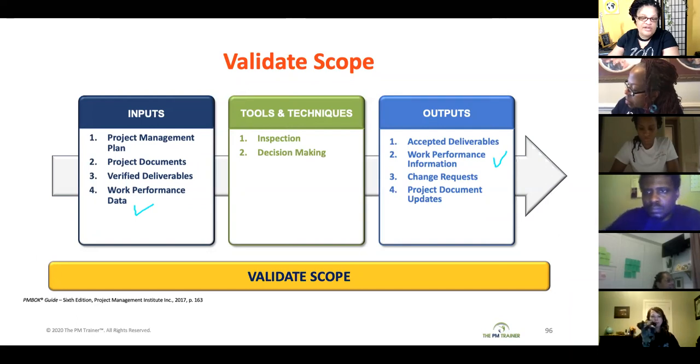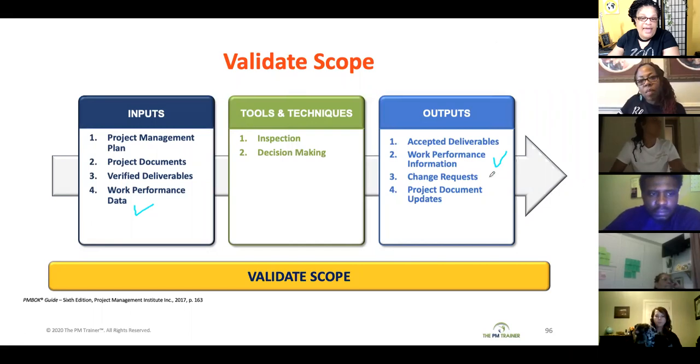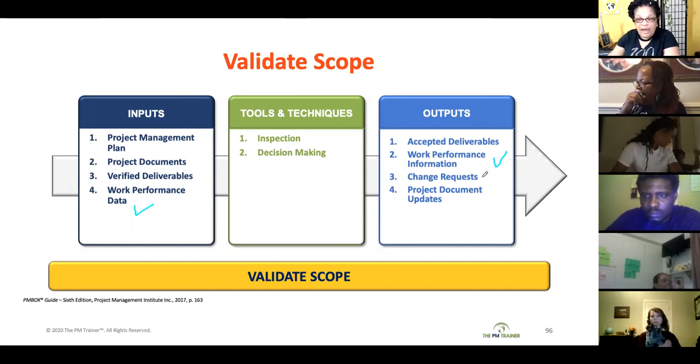That work performance information then becomes an output. Then you may have some change requests if you did not pass the validation process. The customer might request some changes. And then you have your project document updates. So once that deliverable is accepted, then you can go ahead and update your requirements documentation to say that those requirements have been fulfilled.